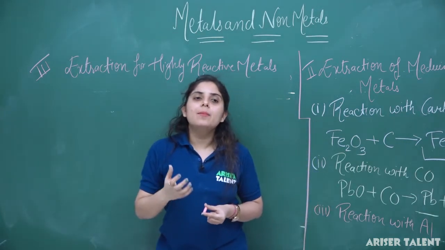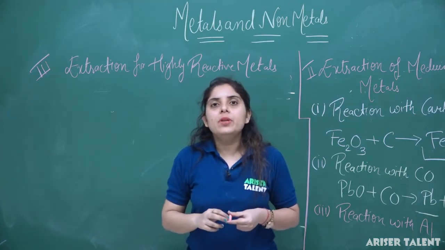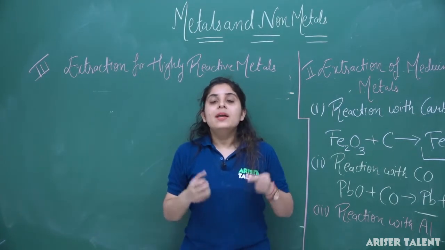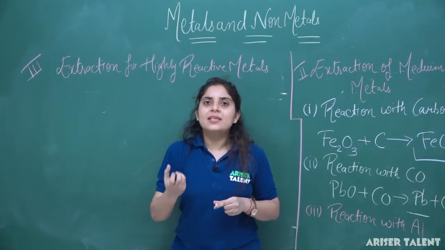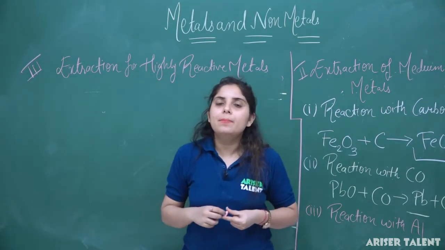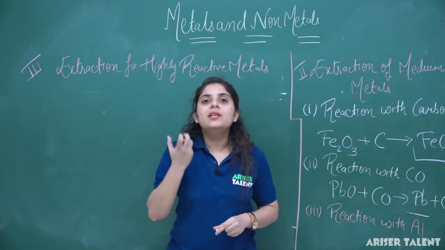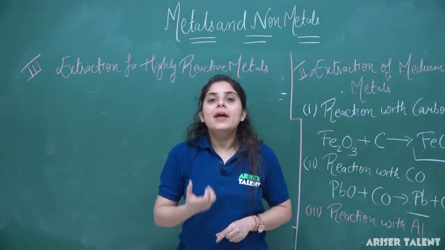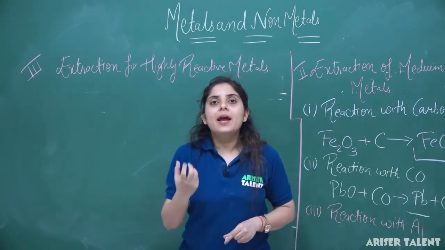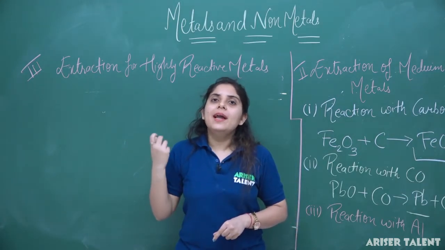If I am considering aluminium oxide, the aluminium oxide is a stable compound and this ore cannot be reduced by the simpler methods. So what we have to do, we have to take the molten salt of this type of compound and perform its reduction, and the metal is obtained only at the cathode.